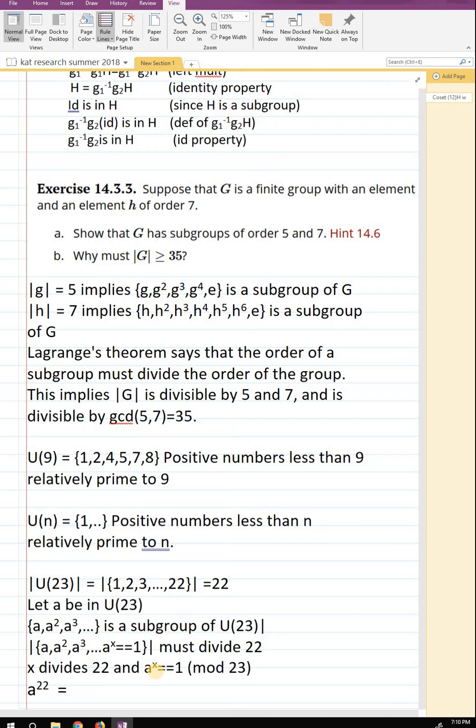Can we say 23 minus x? No. I want to re-express this in terms of x, or in terms of a to the x.